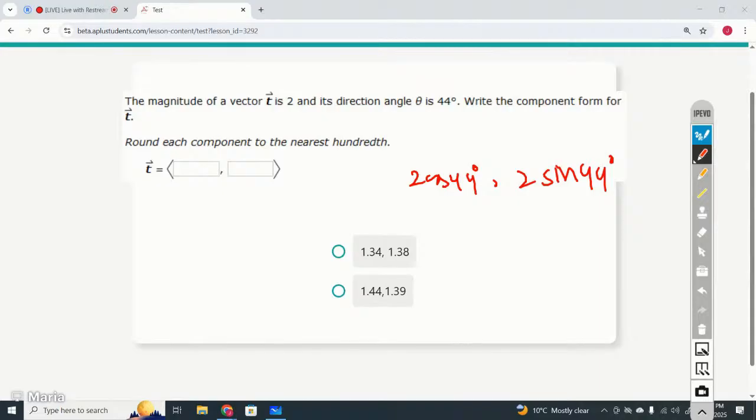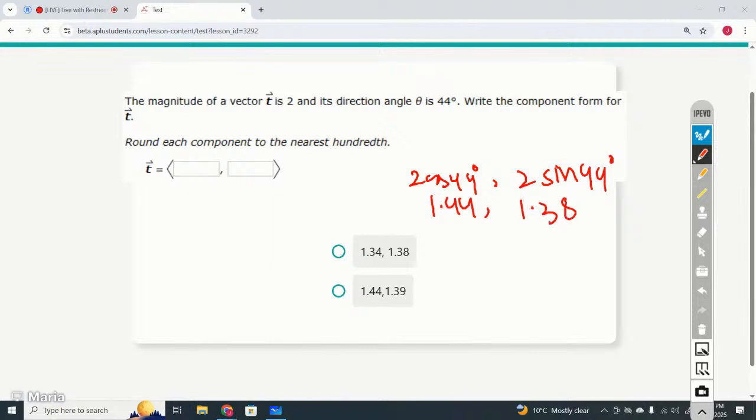So let's just evaluate cos 44, that is 0.7193 times 2, that equals 1.44, and sin 44 is 0.6946 times 2, that is 1.39.